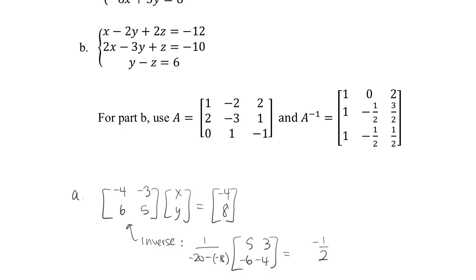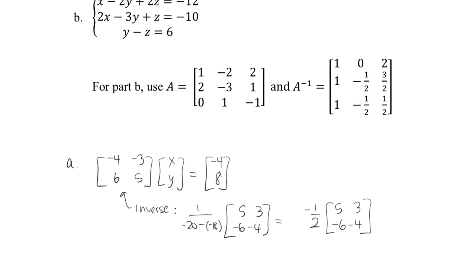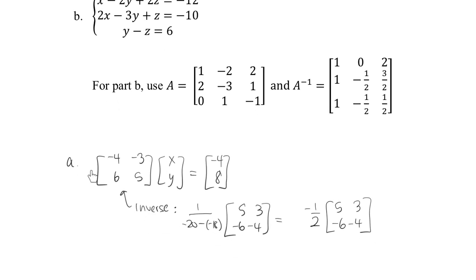So this is negative 1/2. Negative 20 plus 18 is negative 2, so negative 1/2. There's this matrix. That's the inverse.